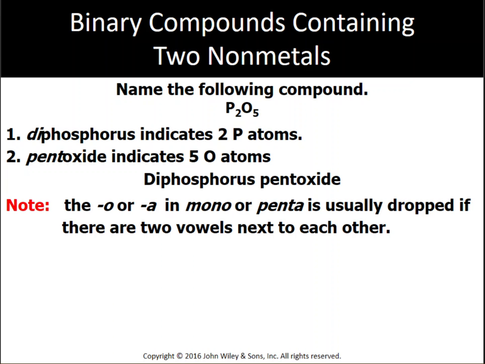So you put them together, you name this as diphosphorus pentoxide. Now, note here that you drop the A or O from the prefix. So I don't call this pentaoxide, it just becomes pentoxide. So that A, you actually drop it.